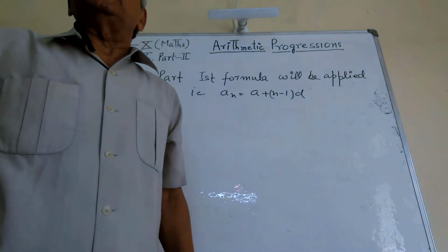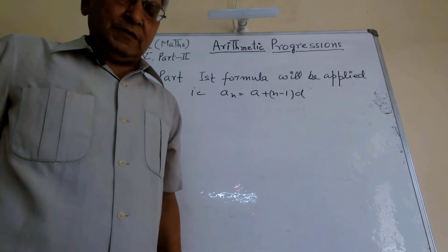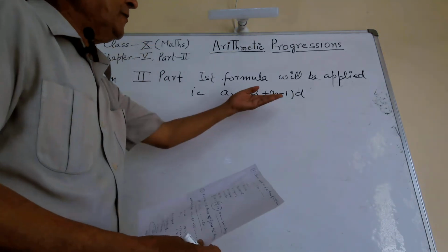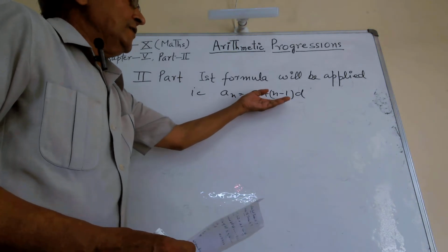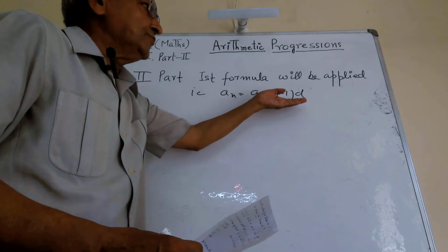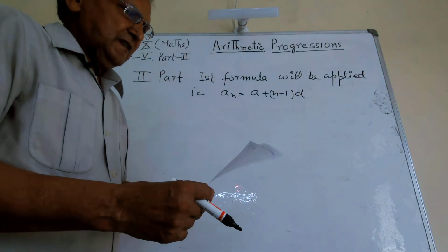Here we will take some questions from the NCERT book and solve them with the help of this formula. We have to find out the terms, and this formula is used to find the terms of an AP series.